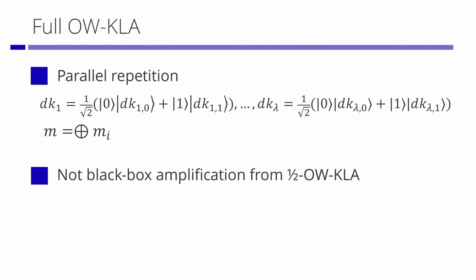Then we can achieve the full one-way carrier security. However, here we cannot amplify half security to full security in a black box way. We need to directly analyze the parallelized construction to prove the full one-way carrier security.